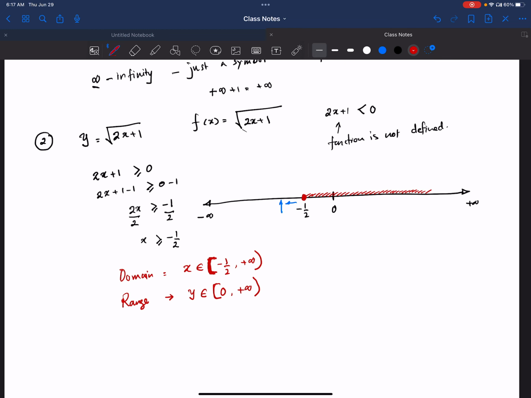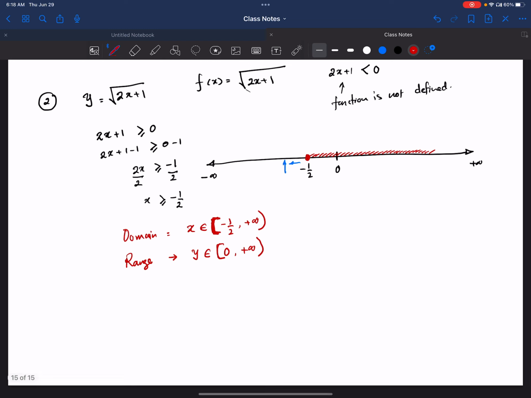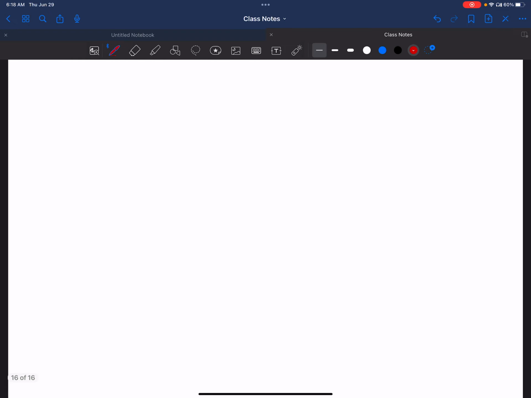Okay, let's take another example. For example, take this one: f of x equals 5 over x minus 1.